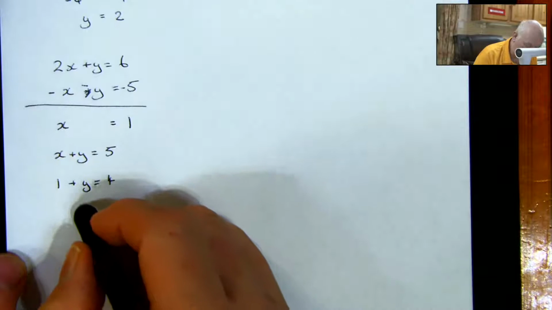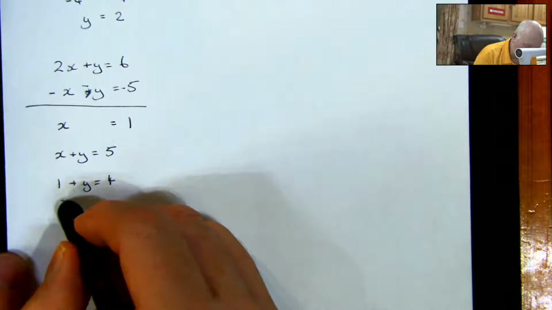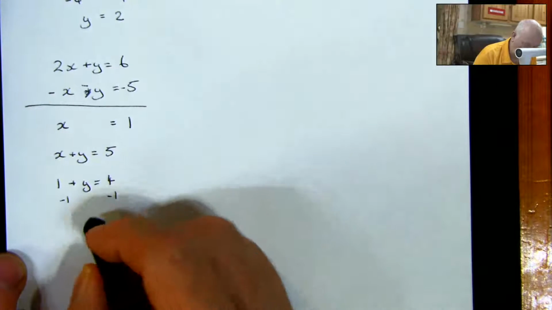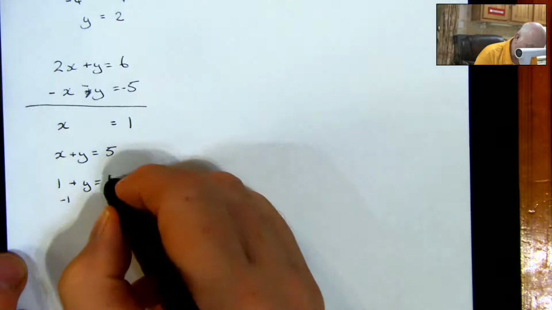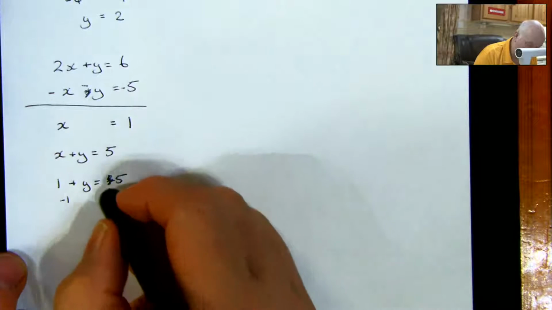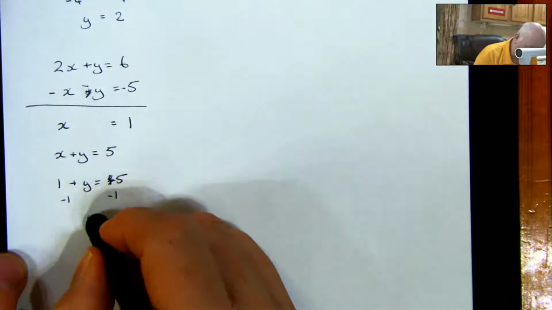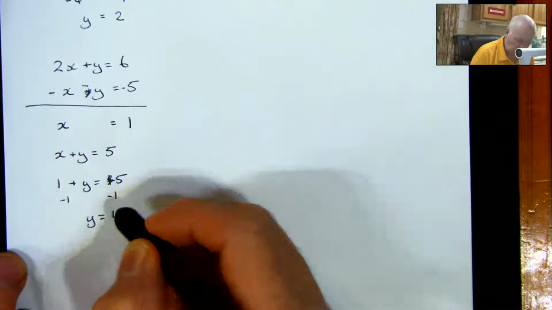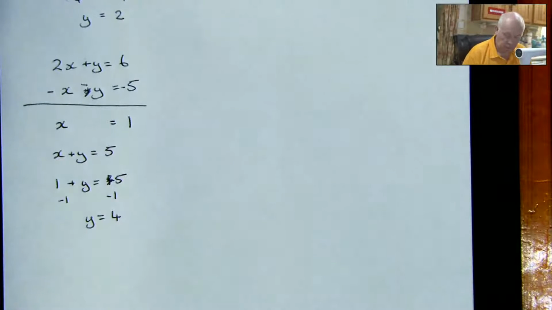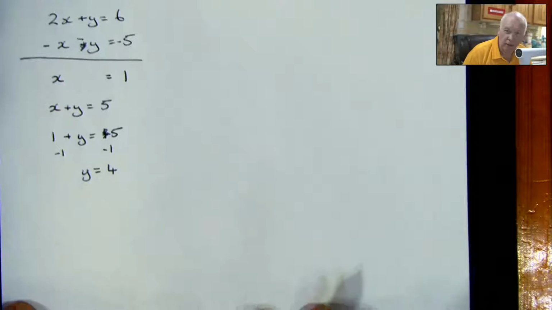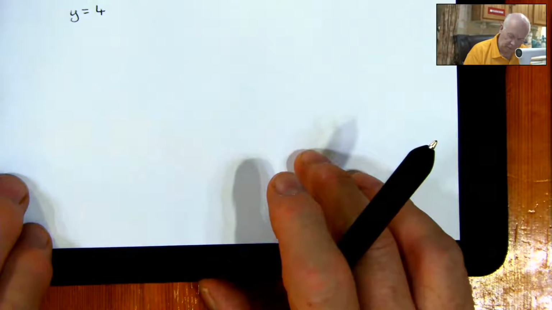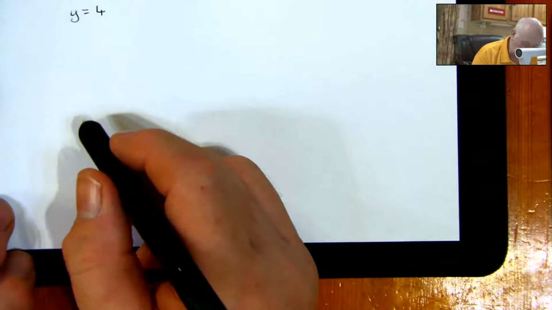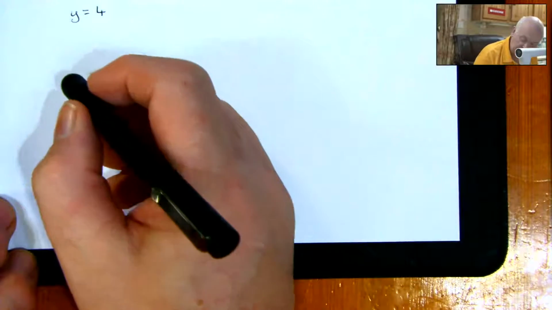And we can work out probably quite simply by taking 1 away, given the answer, my 5 there, we've got y equals 4. They get really quite simple to try and work out after a while. And you can start missing out stages when you get better at doing this.